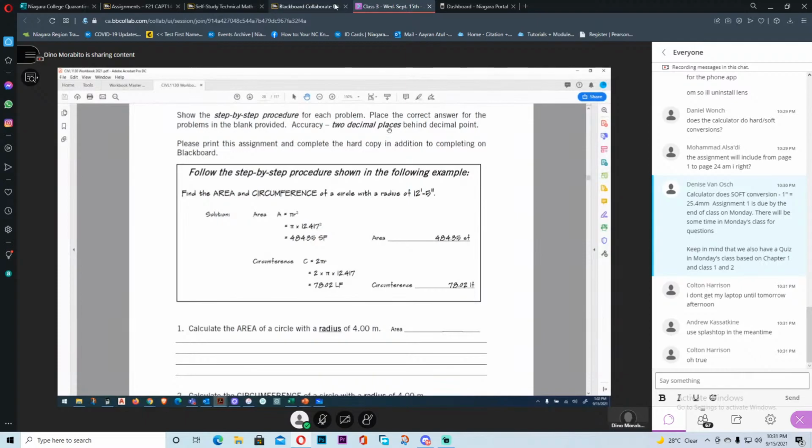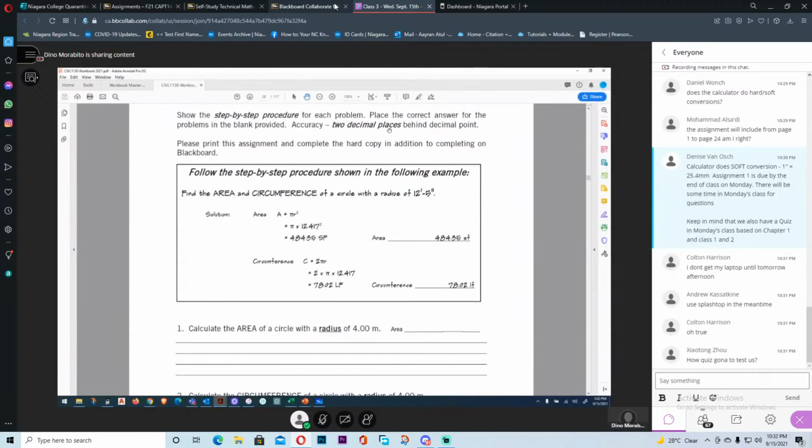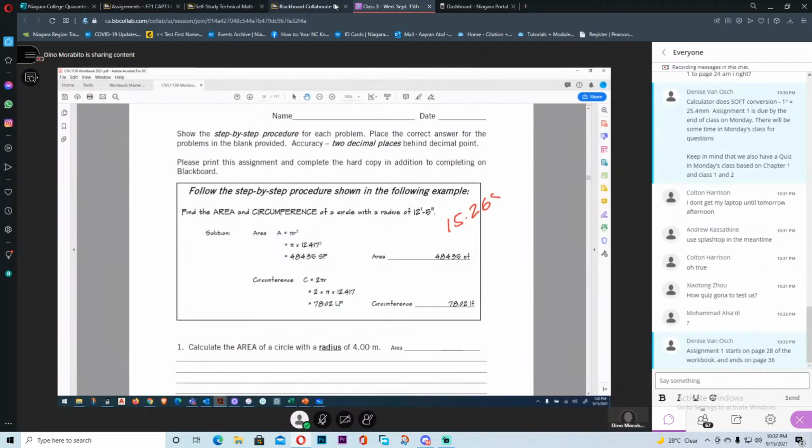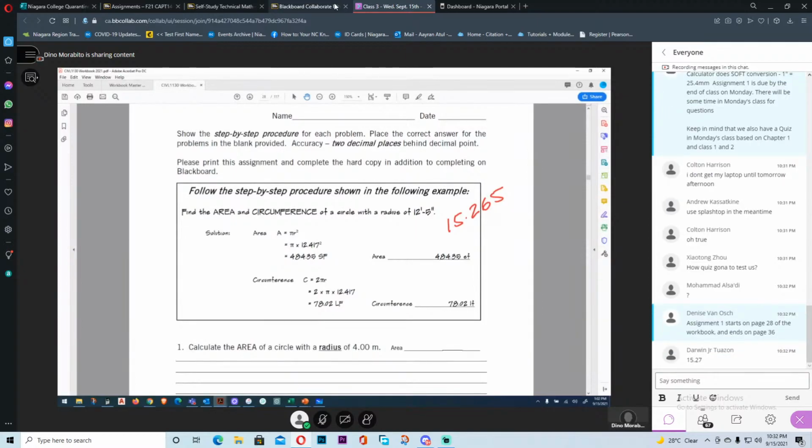Now, how would I convert? And let's just look at this. How would I convert? Do I have a pen here? 15.265. What would that be in 2 decimal places? Correct. 15.27.